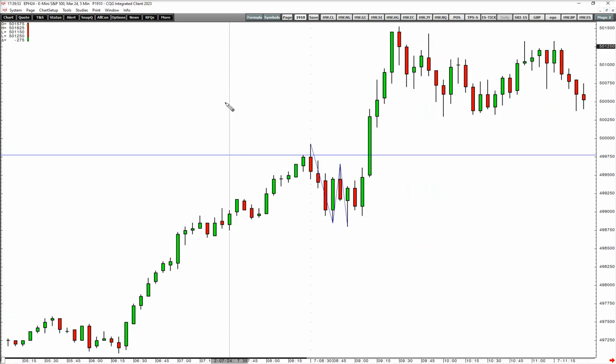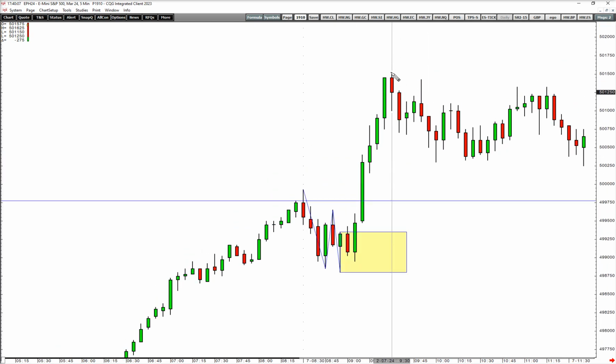Now, the S&P is not as volatile as the Nasdaq, and if you measure this bar here, it was 5, if I remember right. High to low. No, it was 5.50, so 11.22 points. We needed 15.50, and we got to 15.25.